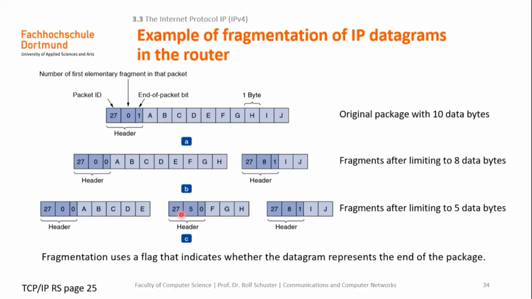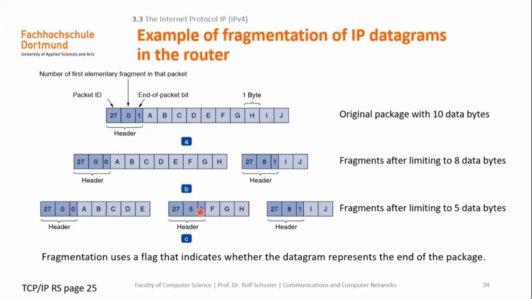Then all the datagrams that are the result of the fragmentation process share the same ID field, and only the first fragment has an offset of 0, and typically the last one has the more fragment flag at 0.